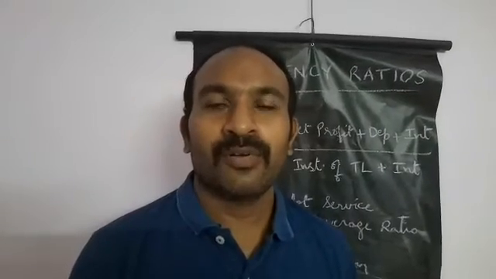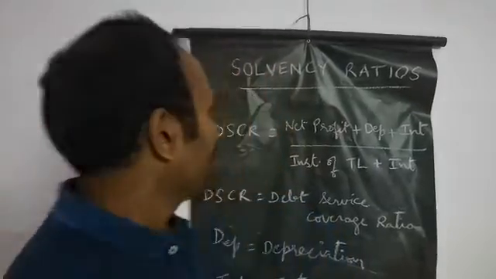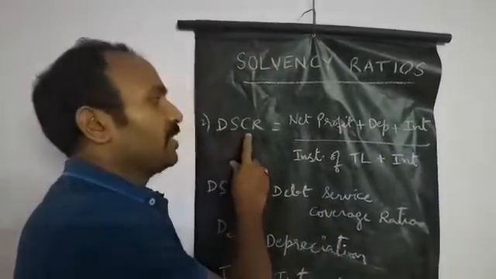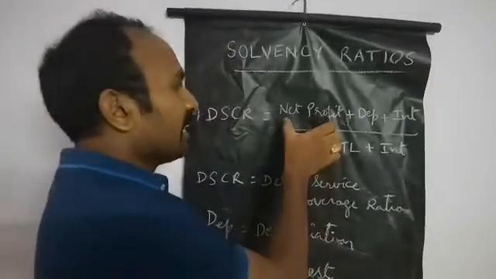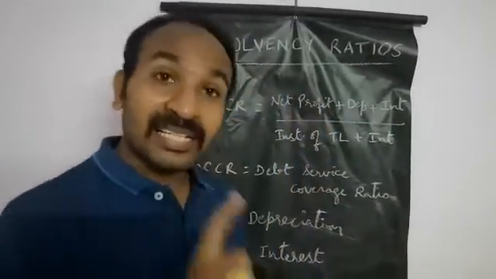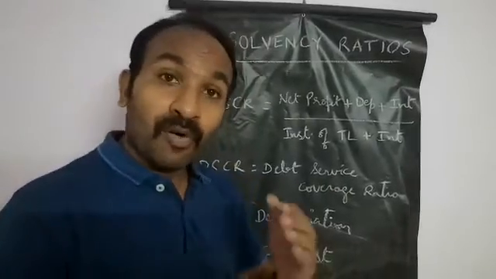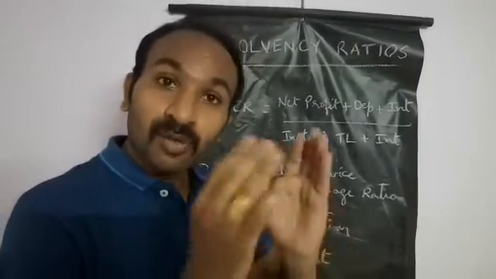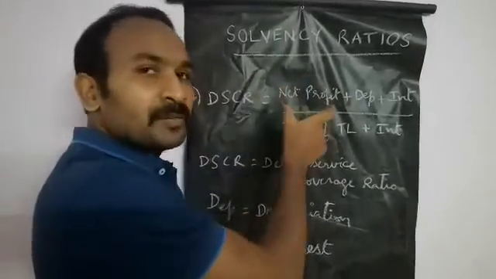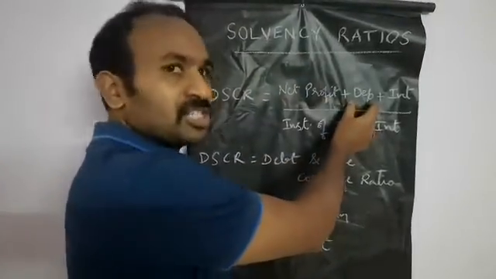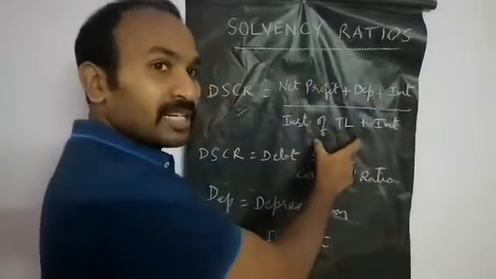Second ratio of solvency ratio is debt service coverage ratio. This is nothing but net profit. In interest coverage ratio, we take profit before tax, that means gross profit. Here in debt service coverage ratio, we need to take net profit. Net profit plus depreciation plus interest, same, divided by.